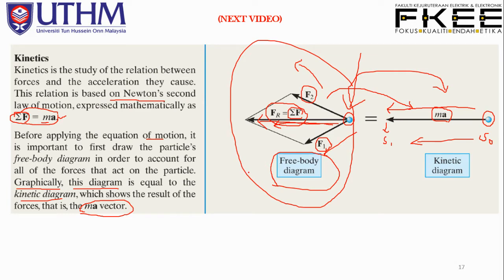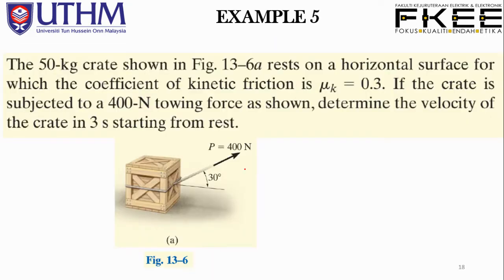And then for a better understanding, we have example 5. The 50 kg crate, so this is the mass of the crate. A crate is actually a wooden box. Shown in figure 13.6a, it rests on a horizontal surface for which the coefficient of kinetic friction is mu k equal to 0.3.